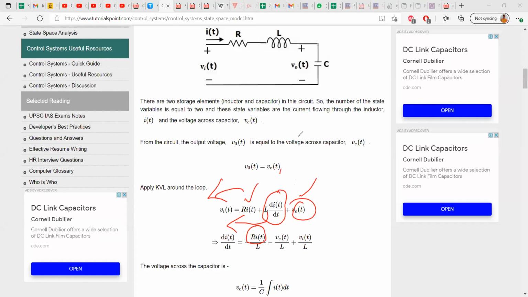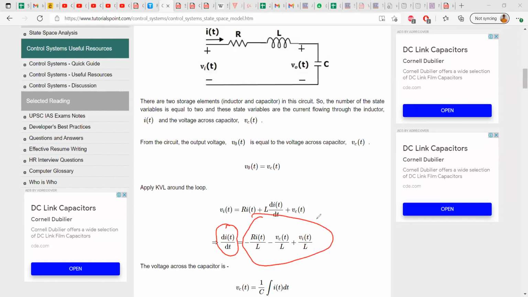You can get minus Ri of t by L minus Vc of t by L plus Vi of t by L. So this is di of t by dt, R by L, Vc by L, and Vi by L. Right.